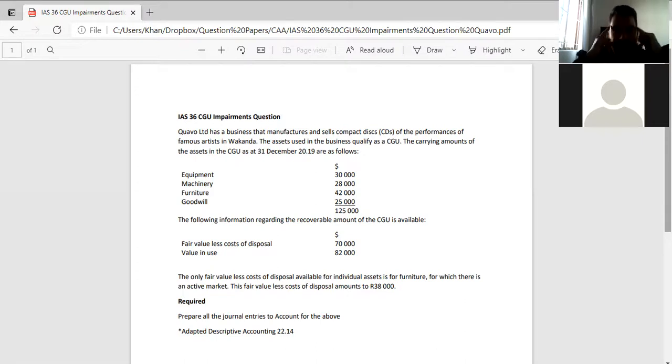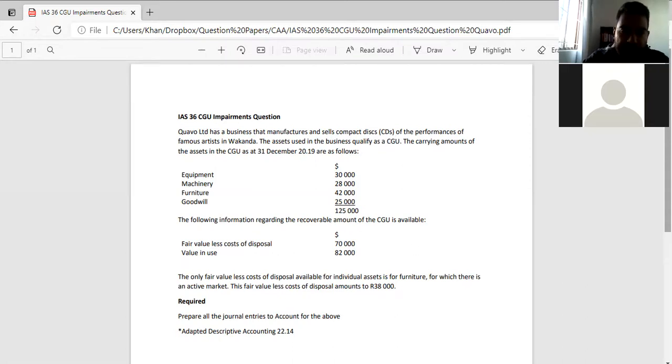Because remember, ultimately you want to get to an individual. That is why, because an individual doesn't work, the next level is the smallest combination, the smallest group of assets that can generate cash flows independently. Independently just means that they can generate cash flows on their own.